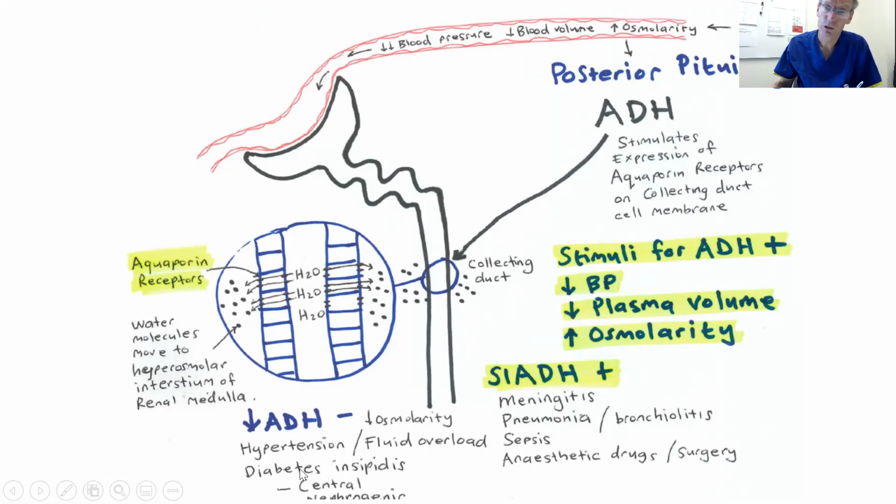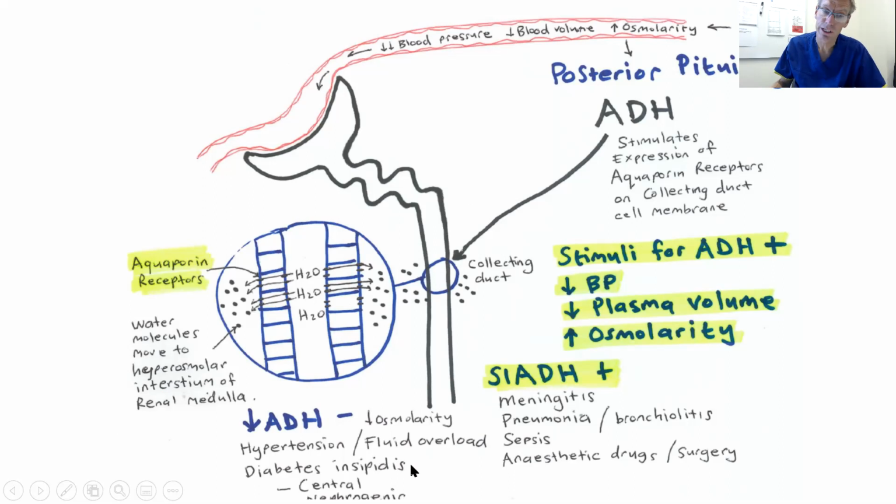There are some pathological conditions where you have ADH insufficiency, like diabetes insipidus, which can be central, if you've got a problem with your posterior pituitary, such as with a brain injury or cerebral ischemia, a stroke, or even post-TB meningitis.